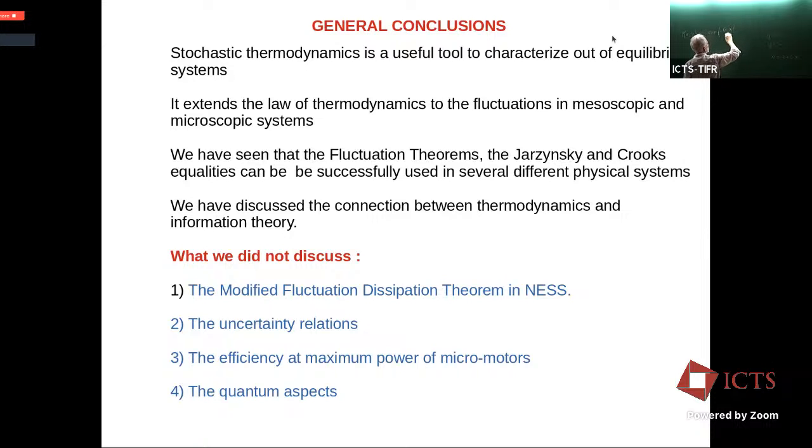X is the position of the beam. X will go from 0 to L, and this will be 2s, the standard deviation of the fluctuations, and then I have another term that is given by the measure of the system, of 2n.